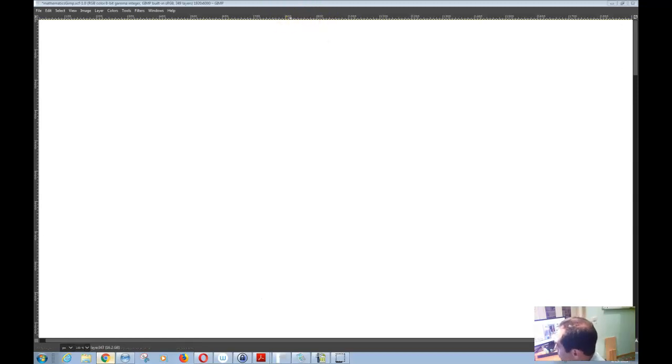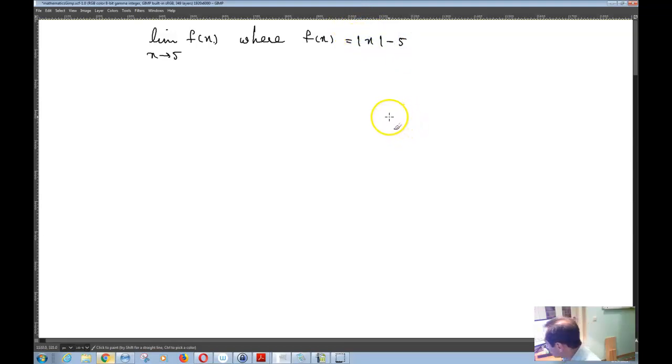Okay, so the next question is you want to find the limit of f of x when x tends to 5, where f of x is equal to the absolute value of x minus 5.